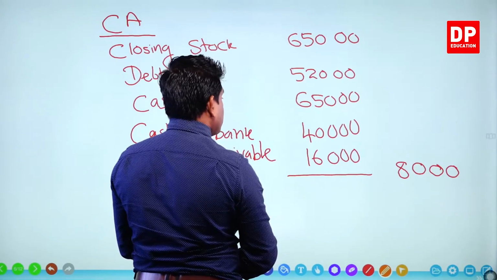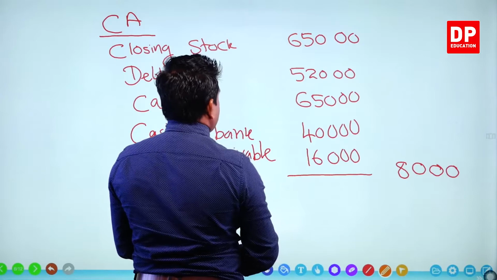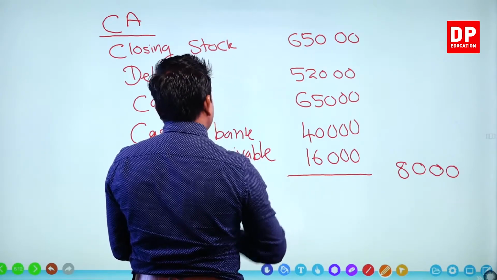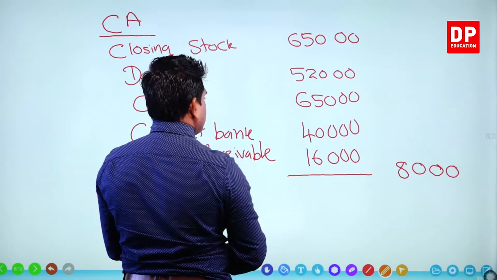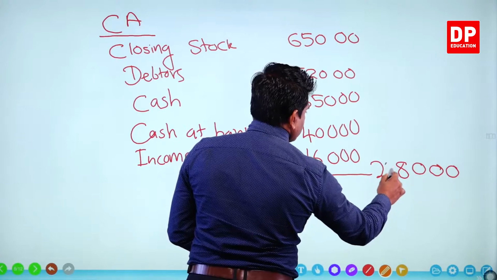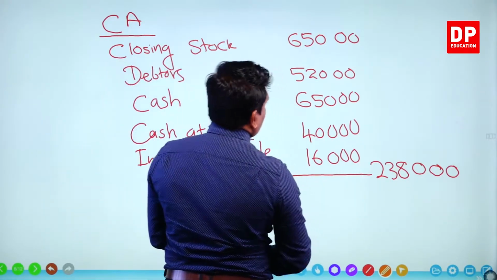Then 6 plus 6, 12, 17, 18, 22, 23. Right? These are the total current assets.